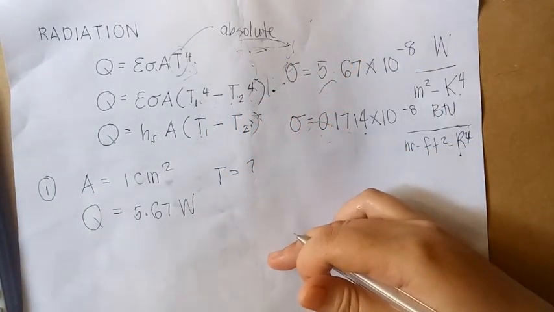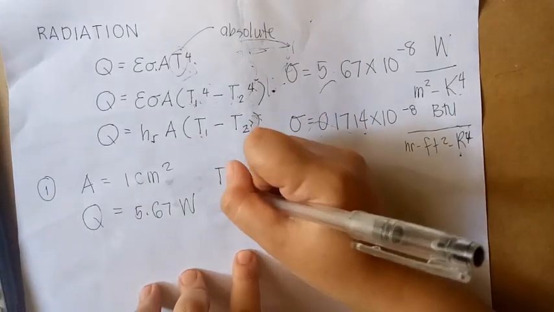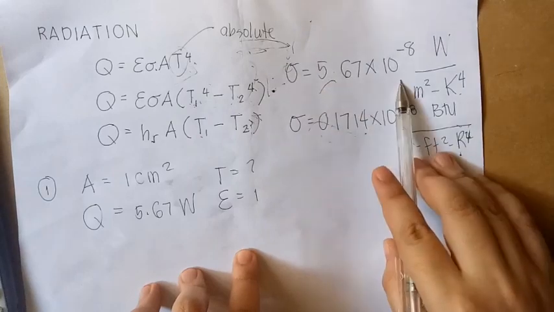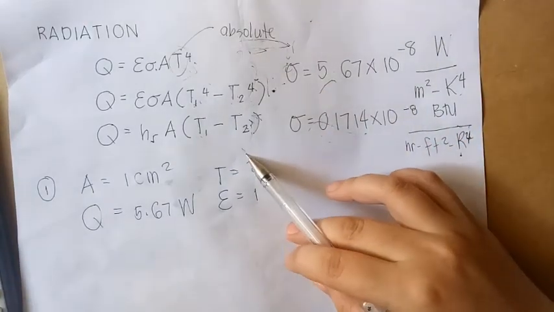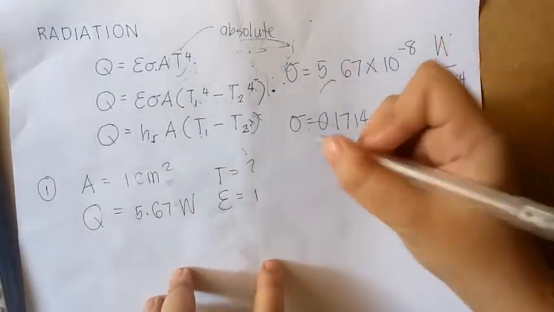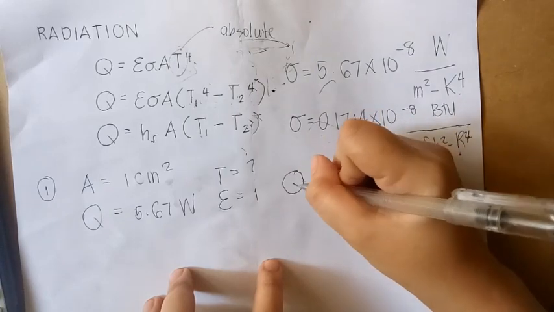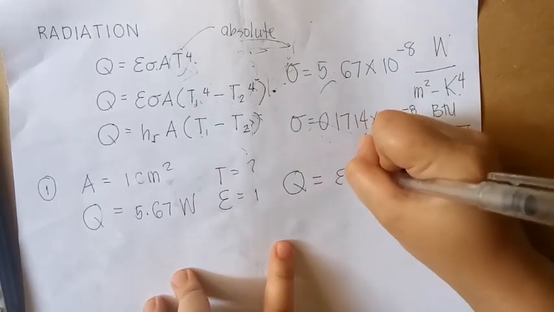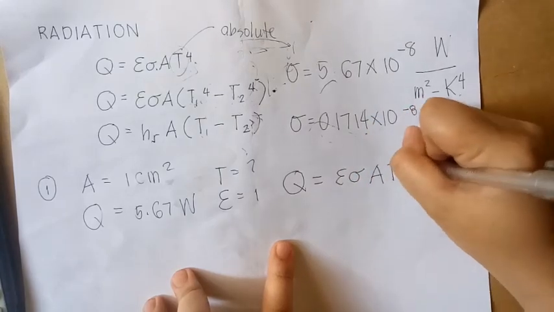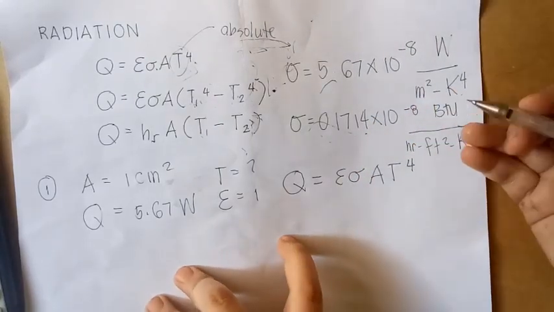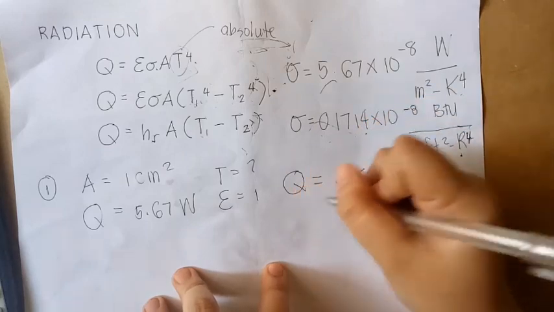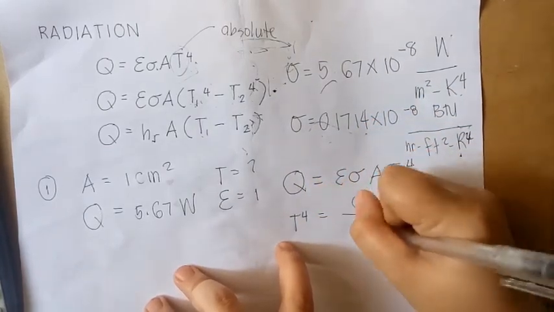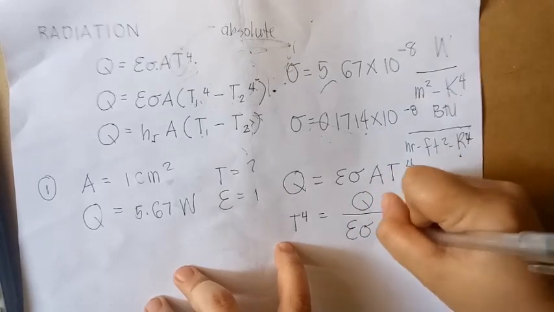So, sinabi doon na black body. And kapag black body, ang ating emissivity ay equivalent sa 1. At again, ang sigma is constant, 5.67 times 10 raised to negative 8. So, again, ang ating formula na gamitin ay equivalent sa Q is equal to emissivity times sigma times area times the temperature raised to 4. At dahil temperature ang hinahanap, so si T raised to 4 ay equal sa Q over emissivity times sigma times area.